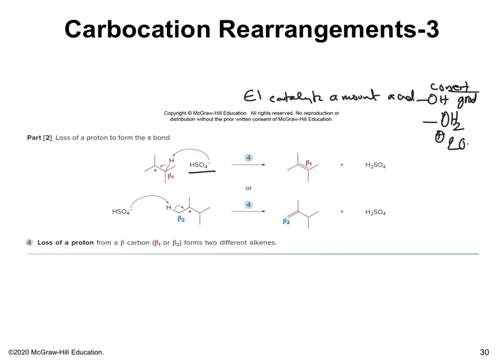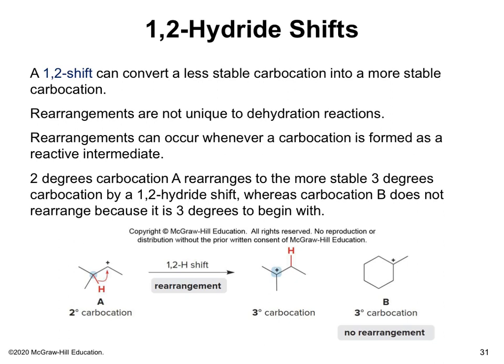It's catalytic, so then this will regenerate your catalyst by deprotonating that beta hydrogen. And it shows you're going to get the thermodynamically more stable product. Here you have a tertiary carbocation. No rearrangement will occur if it already is a tertiary carbocation, because that's going to be your more stable.